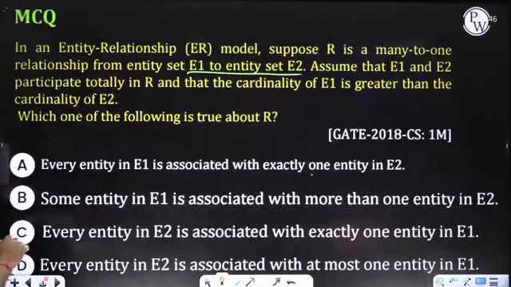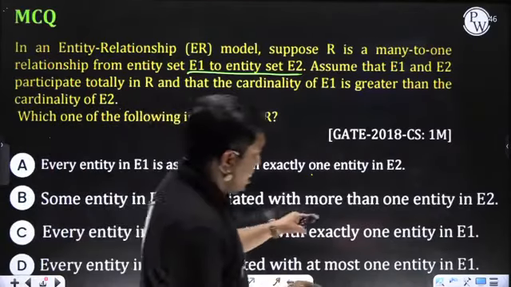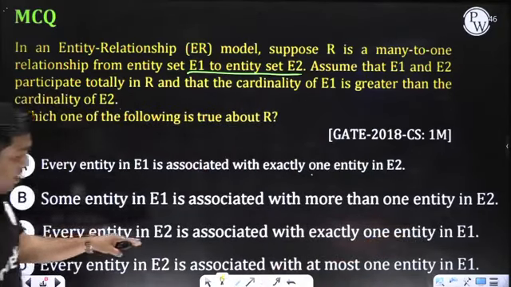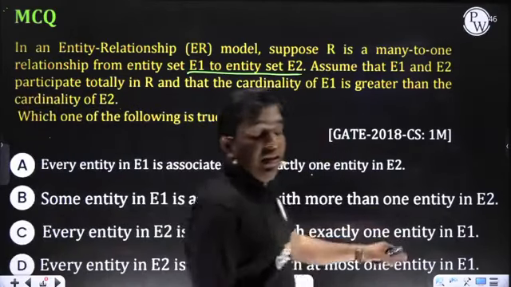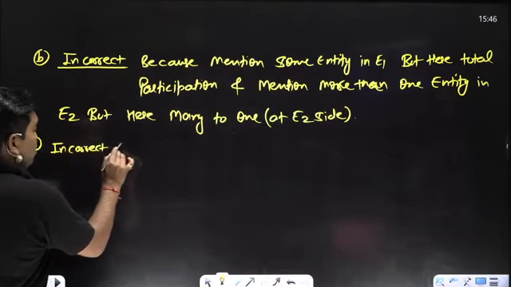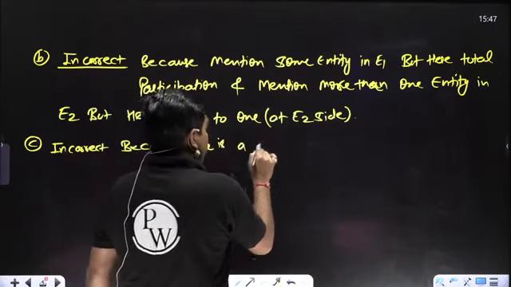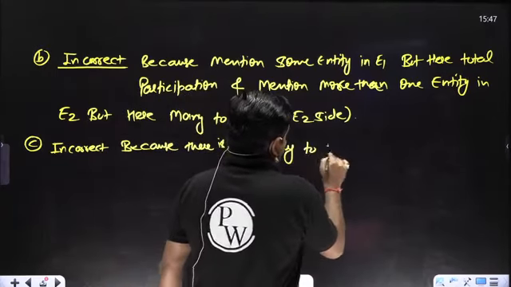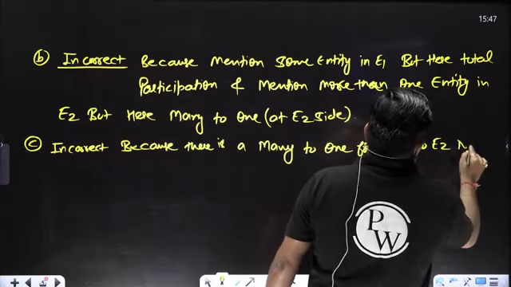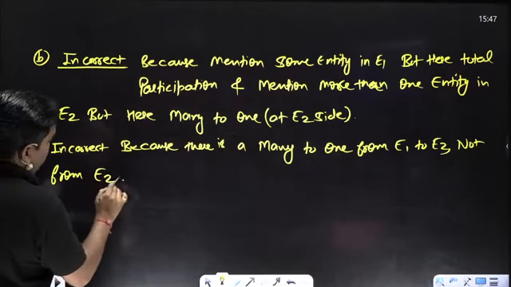Now we will see option C. Option C says every entity in E2 is associated with exactly one entity in E1. This is also incorrect, because there is many to one from E1 to E2, not from E2 to E1.